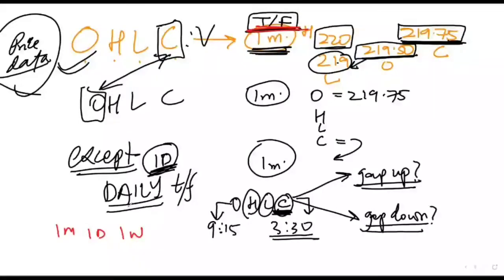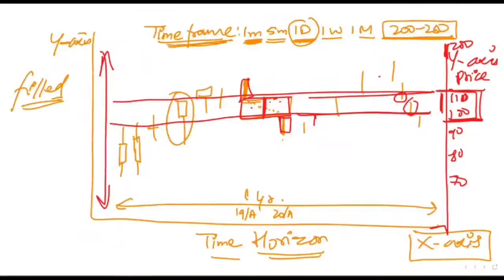Whatever time frame you choose, basis that you will see how many candles can fit into one screen. Suppose you are choosing 1 day. How many trading sessions happen in a year? Around 200, 250, and that's the size of a standard laptop screen, let's say.